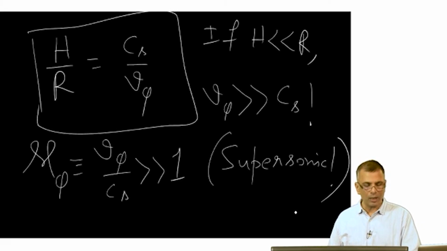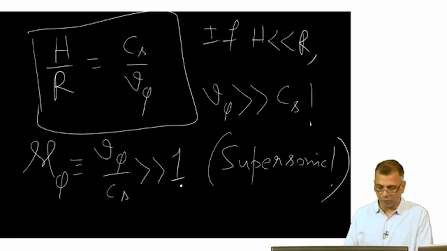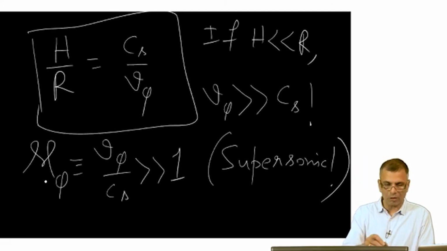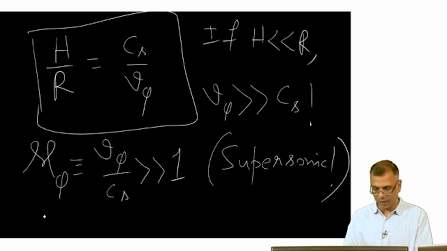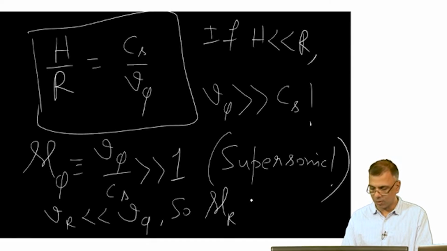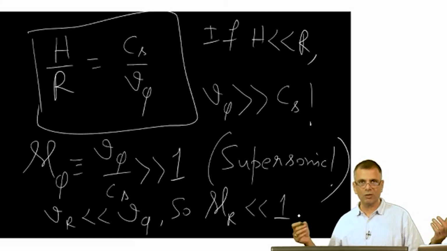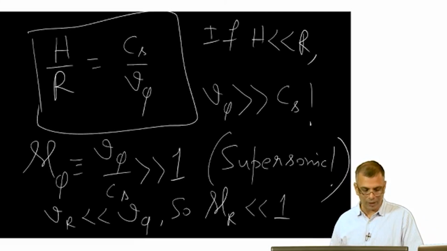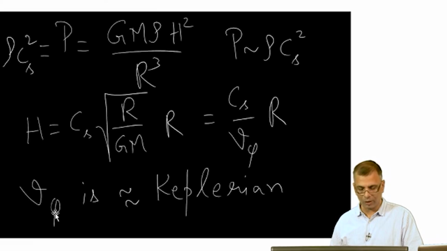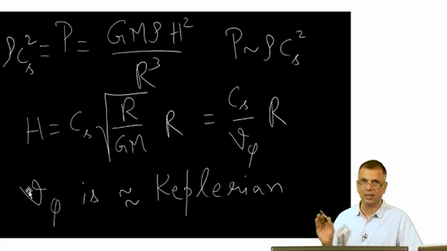Okay, and in a quasi-Keplerian disk, of course, the whole assumption of quasi-Keplerianity is that Vr is much less than V phi. So the radial Mach number is much less than 1. In fact, Vr is almost 0 in comparison to V phi. In fact, we have actually assumed that V phi is exactly equal to Keplerian. If V phi is exactly Keplerian, we have seen earlier that Vr is technically 0.